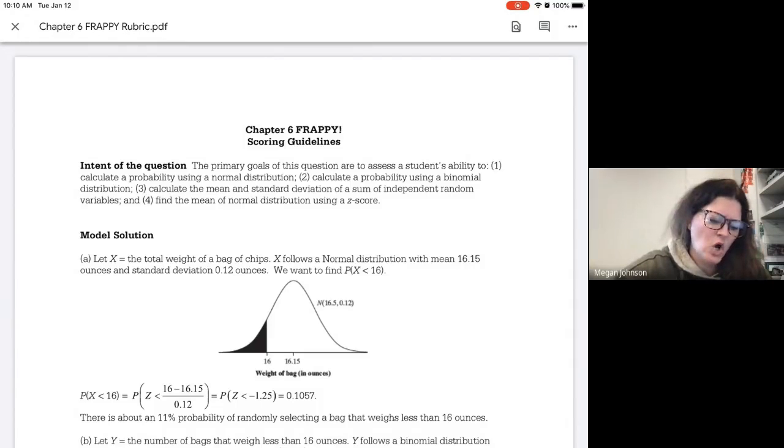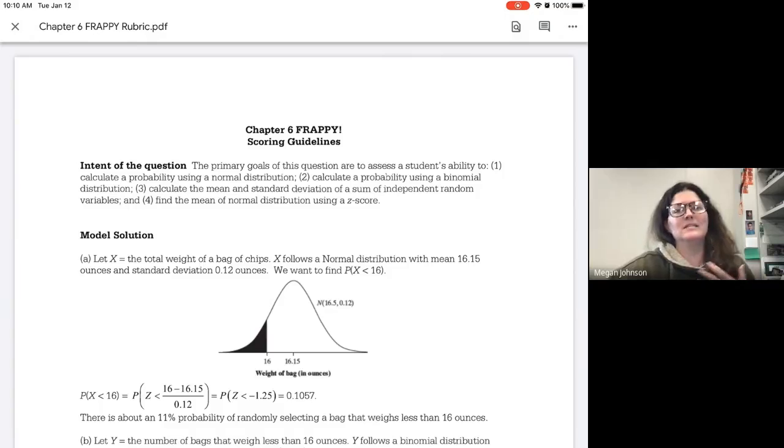So the way this typically goes is I will go through the model solution first. And again, model solution doesn't mean that that's exactly what your solution looks like. It just means that's the model solution. We've learned now in statistics that there's tons of different ways to write things and they're all correct. So the model solution may look a little bit different than yours.